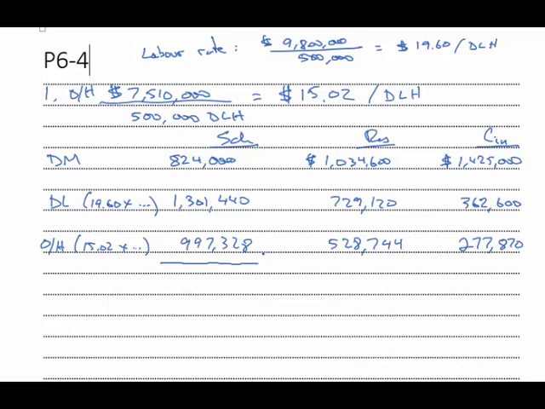And so if we add all of these up, we can get schools 3,122,768, residential 2,322,464, and cinema 2,065,470.